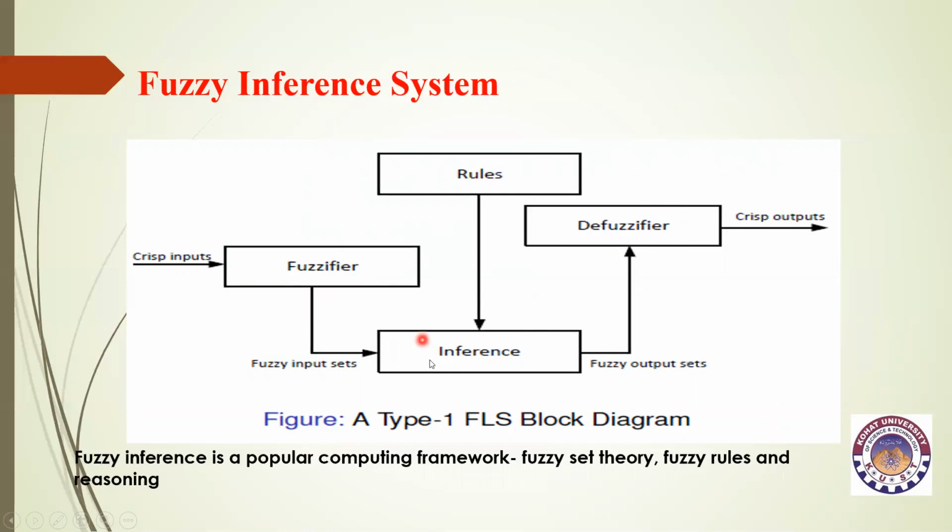Afterwards, an inference is made based on a set of rules. And lastly, the resulting fuzzy output is mapped to a crisp output using the membership functions in the defuzzification step. So we start with a crisp input, and throughout the fuzzy architecture, we use fuzzy sets, and again the output is a crisp value.